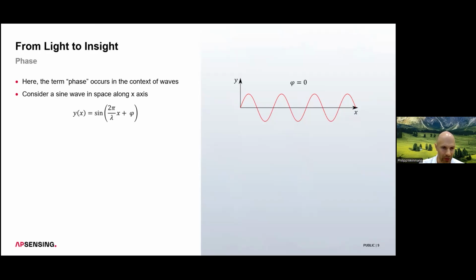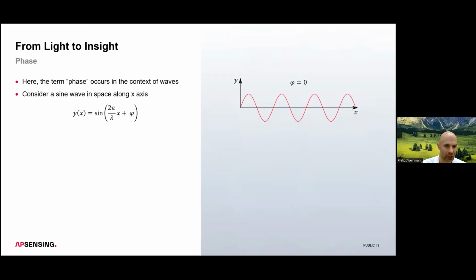So in the argument of the sine function, what you see is, first of all, the first term is proportional to x because a wave is propagating in space. And here my space is considered as x coordinates. So the first term just describes the propagation in space. And the second term is a constant. This one is called phase.